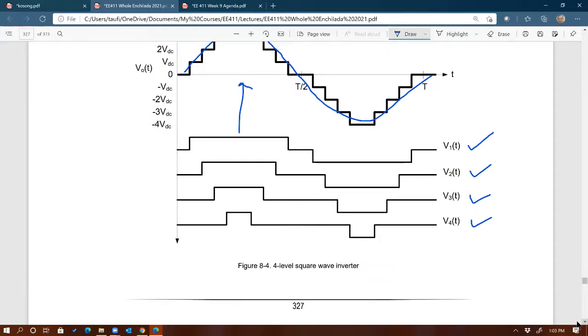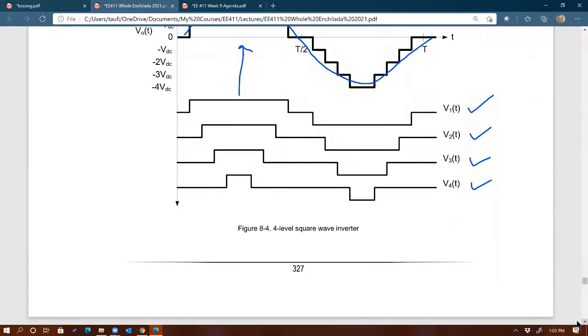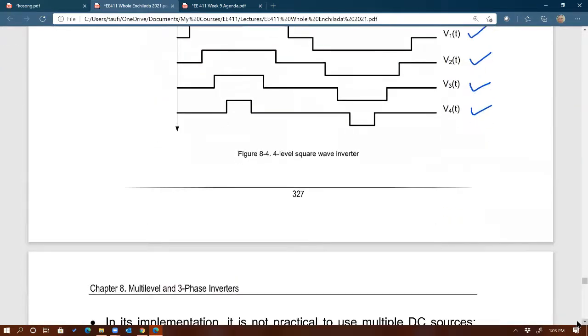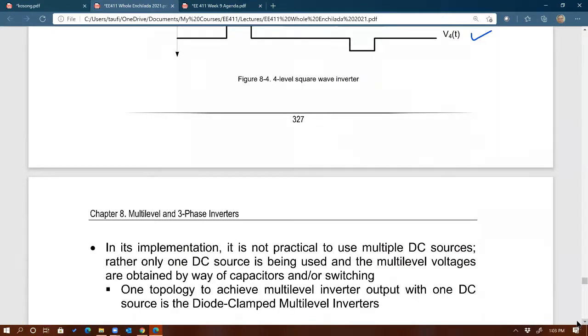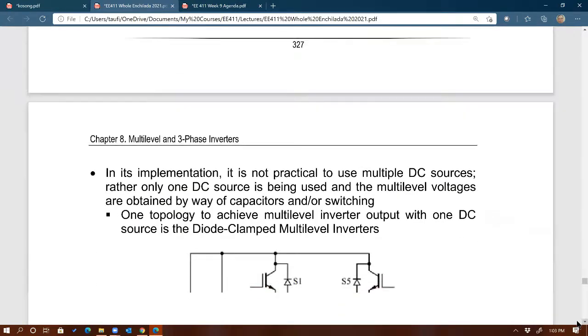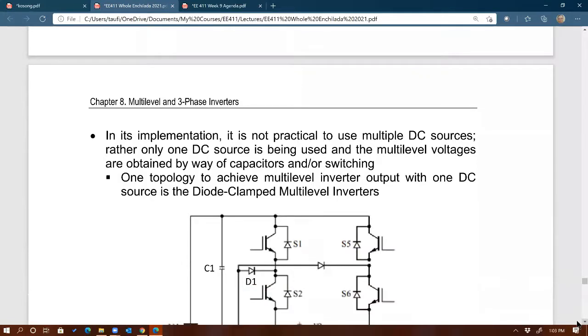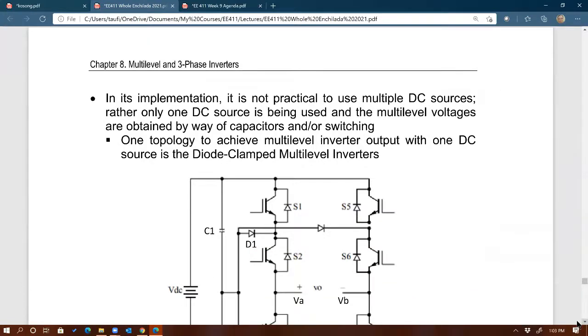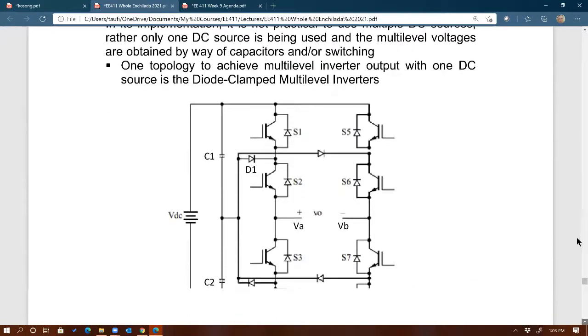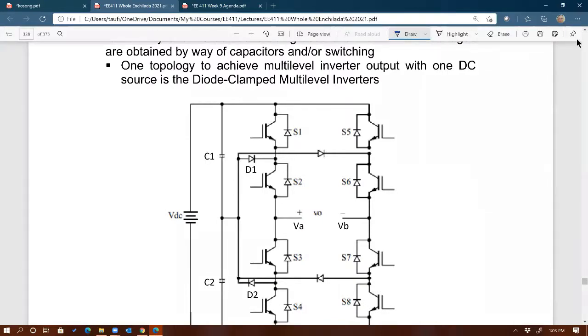Just like I said earlier, for AC utility scale applications, I've seen 48 levels, and I've also seen 72 levels of this inverter. A lot. Okay, now in practice though, you're not going to do this.